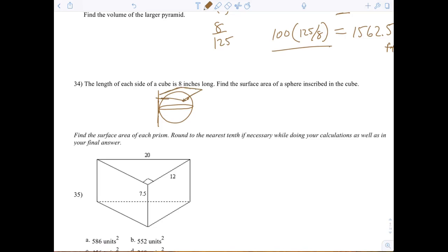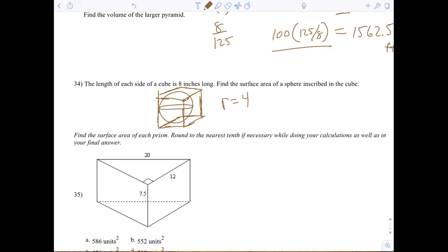Perfect fit, as usual. So it says the length of the side of each cube is 8. Yes, the radius of the circle is 4 then.